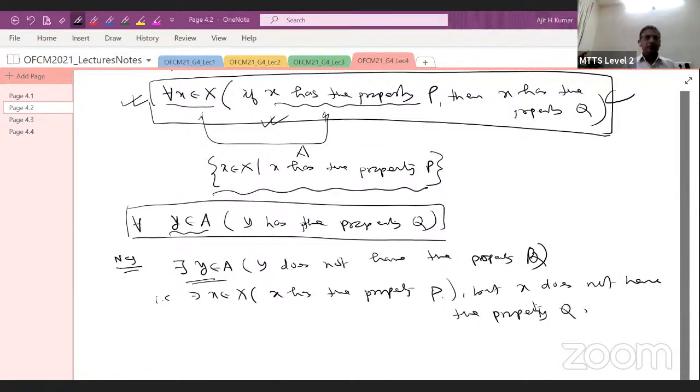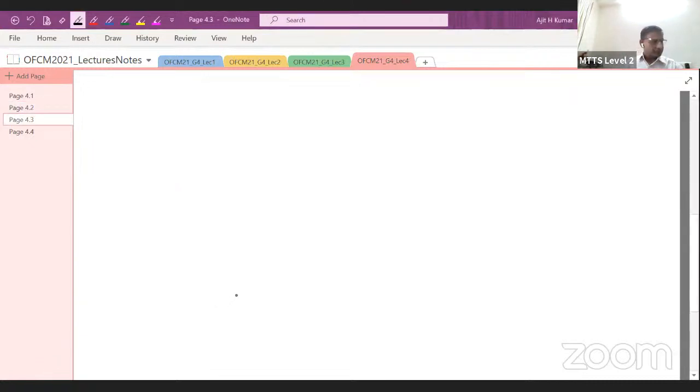Let me go to the next page. Now we will deal with some operations on sets. Of course, I'm not going to define what sets are.